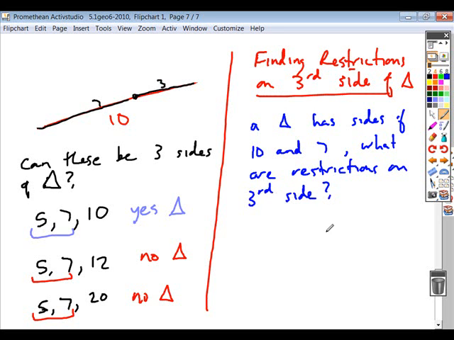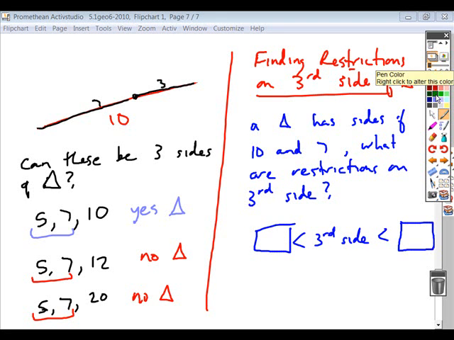You can find that the third side has to fall between two values. The way that you find these values is you simply assume that the unknown is the largest side. If we assume that the unknown is the largest side, what's the most it can be before it stops becoming a triangle?